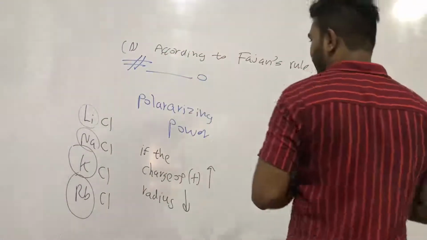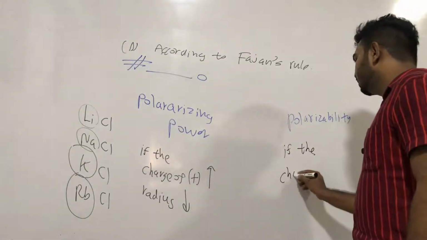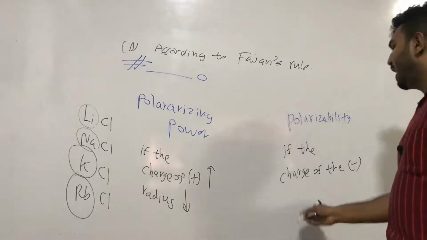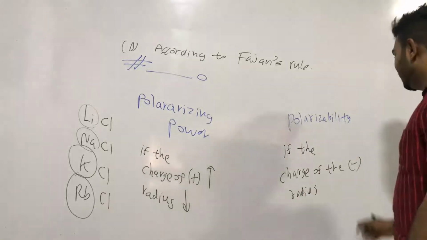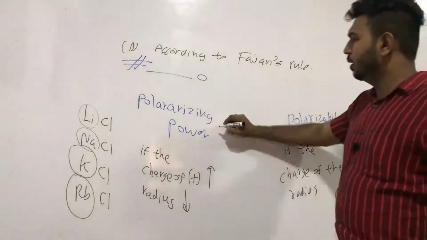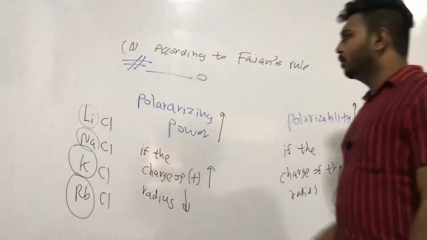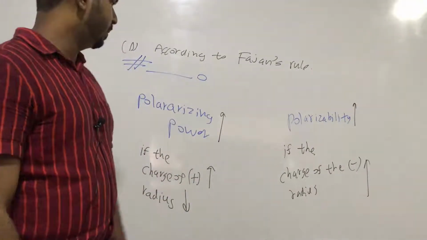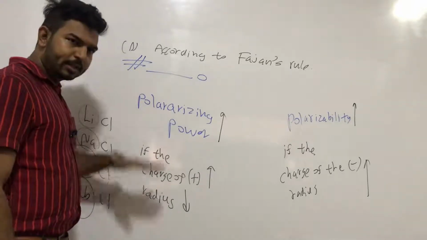Then if the charge of the anion and the radius both increase, polarizability increases. So polarizing power and polarizability are connected in a relationship.